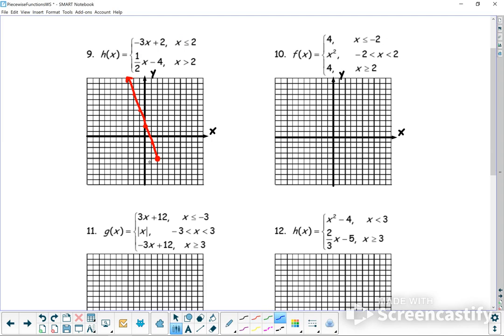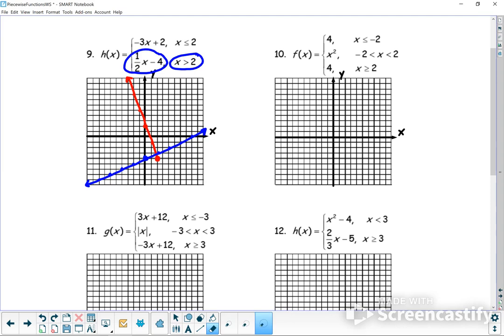Okay. So next one is negative 4. And it's going to be up 1 over 2. Up 1 over 2. You get the idea. So it's going to be this line right here. So 1/2 x minus 4. That's the blue line. And I only want it for greater than 2.